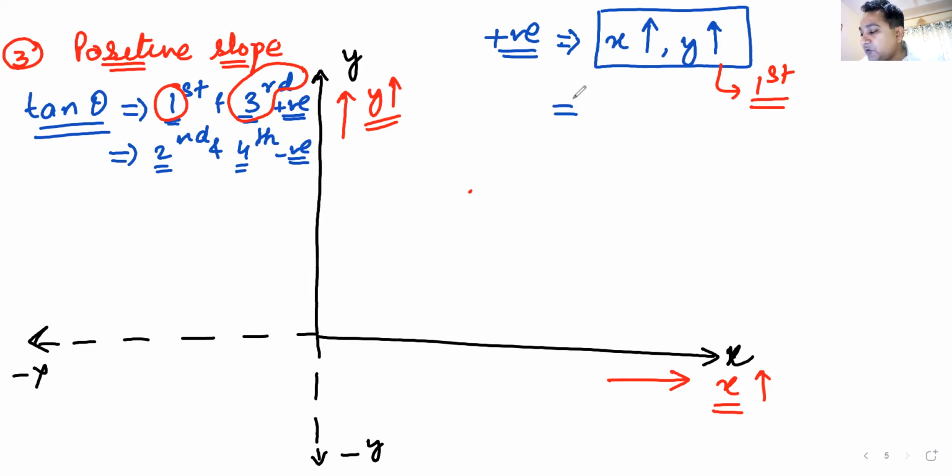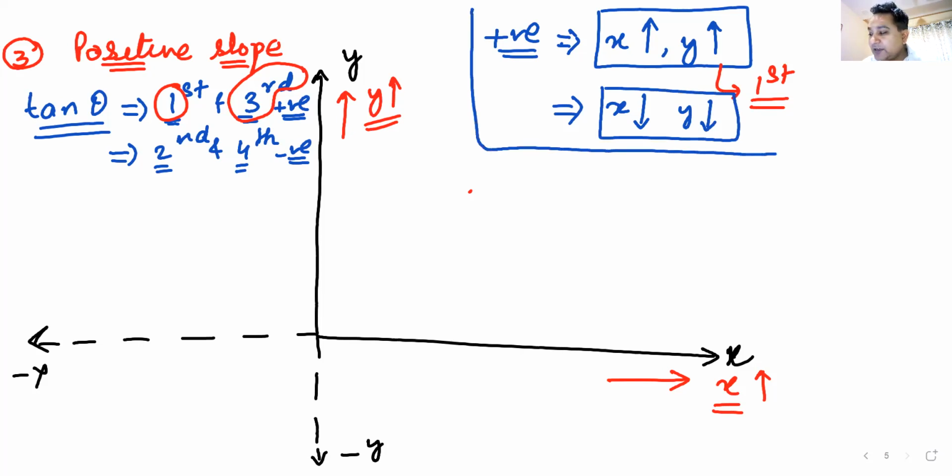So positive slope also implies that if the value of x decreases, y also decreases. Very nice, Chaturya. Y also decreases.